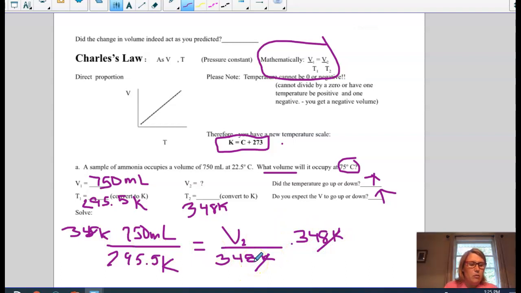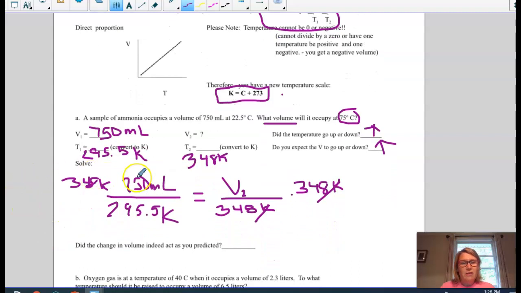And so I'm going to take 348 times 750, and divide by 295.5, and you will get an answer that should be in 2 sig figs because you have 750. So it's going to be 880 ml.